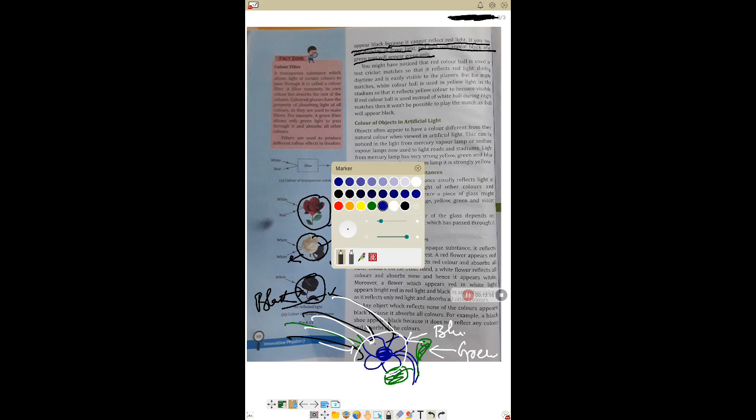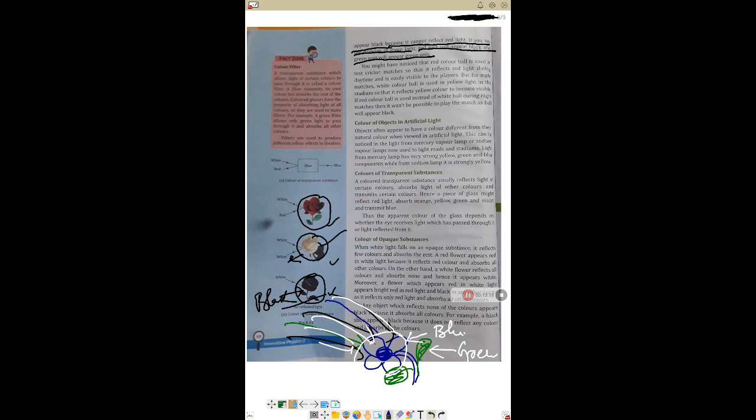But now if I allow the blue light to fall on it, I will be able to see only the color of the flower, that is blue. Whereas this green leaf will absorb the blue light and reflect none. So when it reflects none, it will look black. So what I'm trying to say is that the color of an object, actually color is not present in the object.